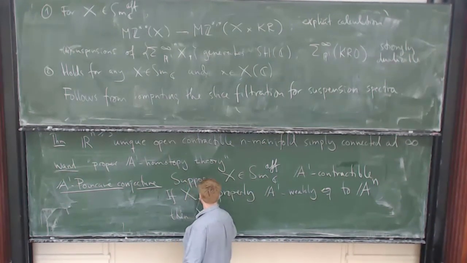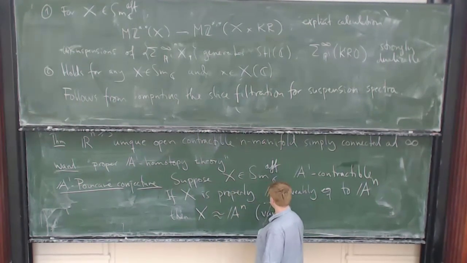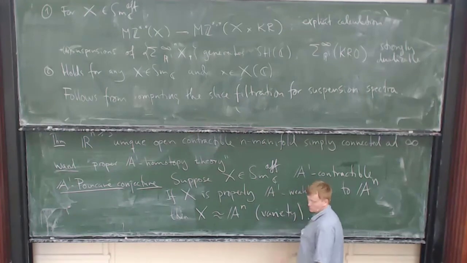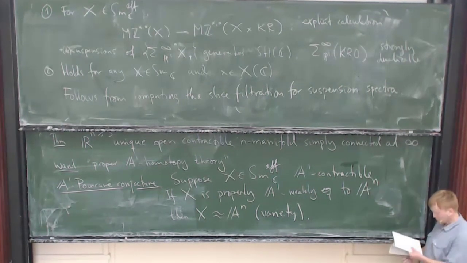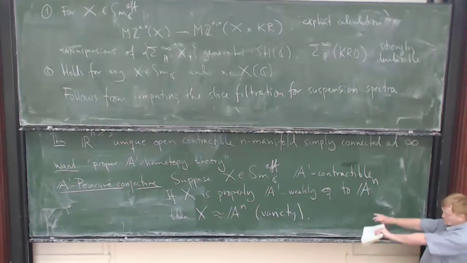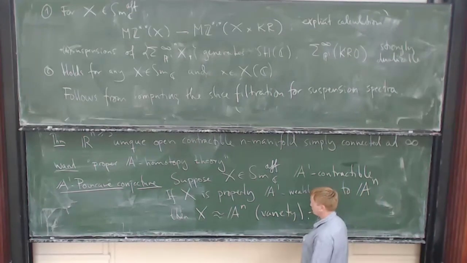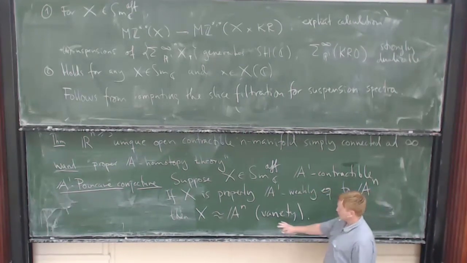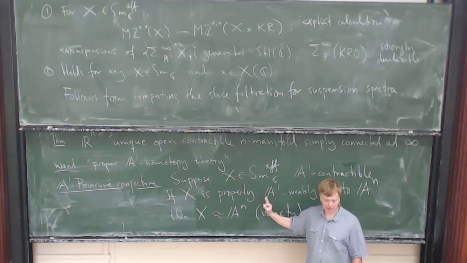Then X is isomorphic to A^n as a variety. So that's a possibility of an A1 Poincare conjecture. At the moment it's science fiction because we don't really know what properly A1 weakly equivalent should mean.